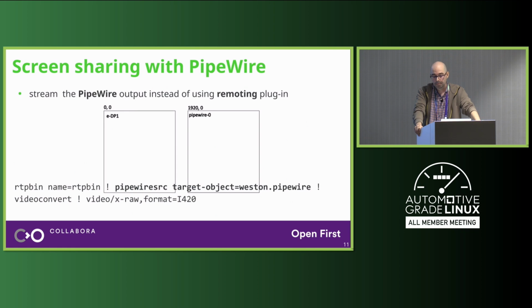I have this diagram. This diagram basically shows that we have two backends, each creating an output. One of these outputs is the embedded display panel, and the other one is the output created by the PipeWire backend.